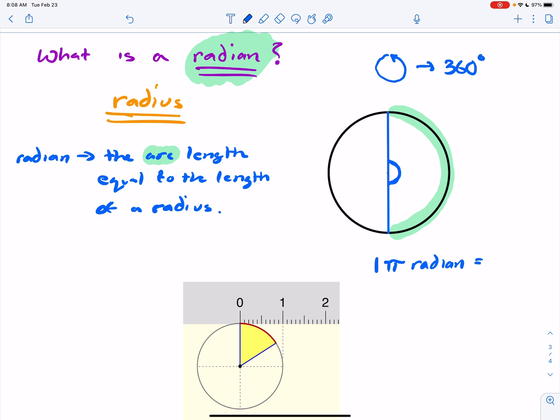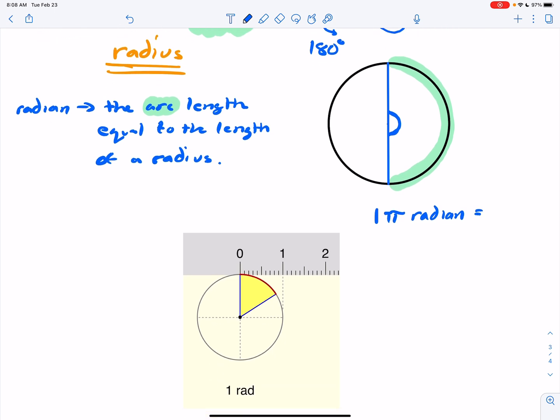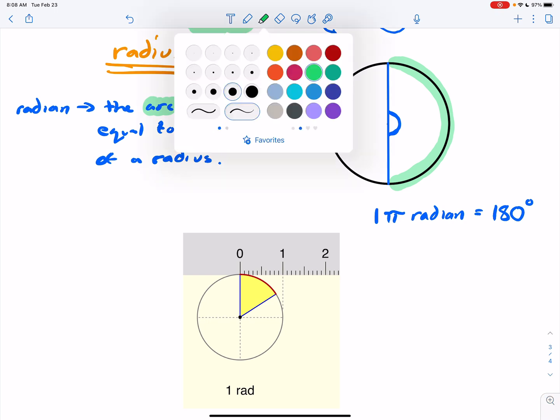So what if you spin in just half a circle, which is what we have in this highlighted picture here? That's 180 degrees, okay? So here's a conversion that we just discovered, okay? We know that 1 pi radian is the same thing as traveling 180 degrees. Make sure that you guys box this, highlight it, do whatever you need to do. Super important.